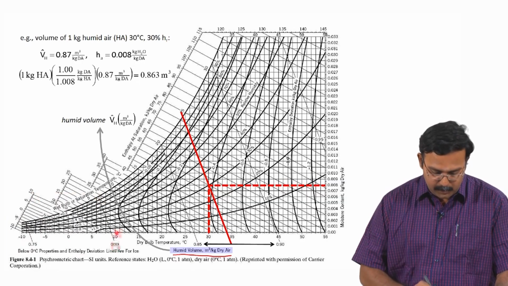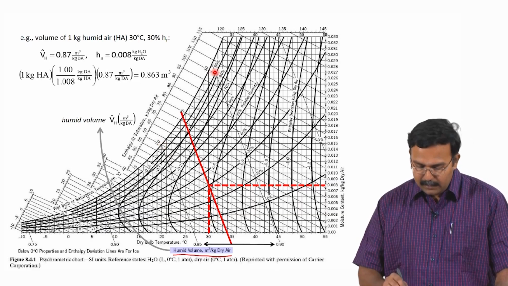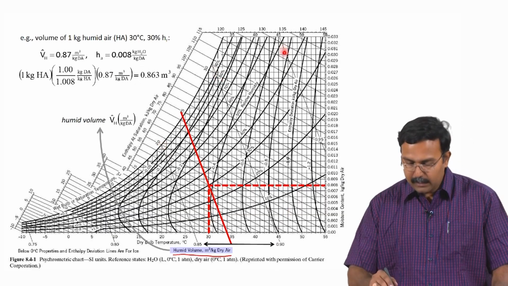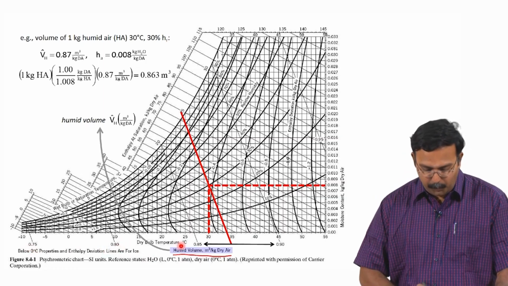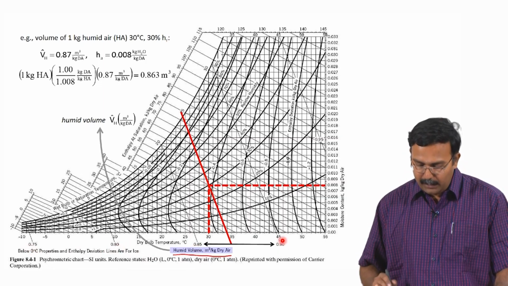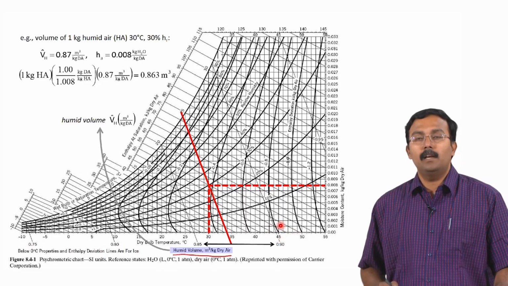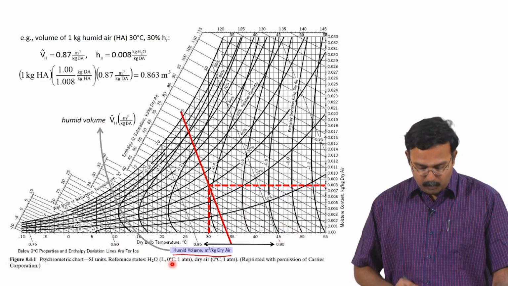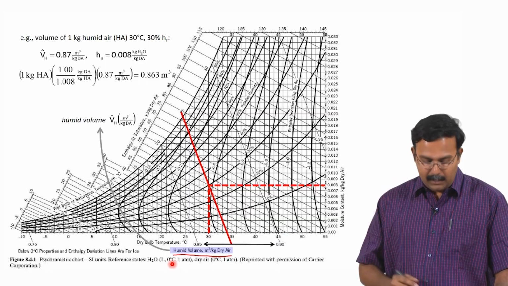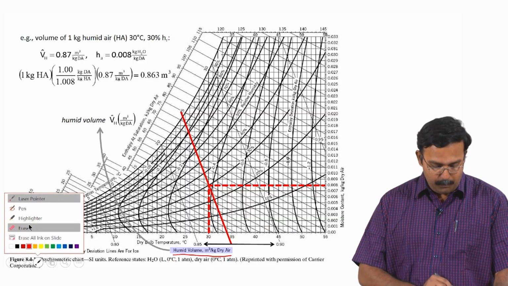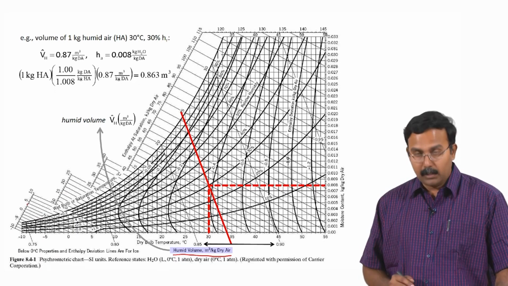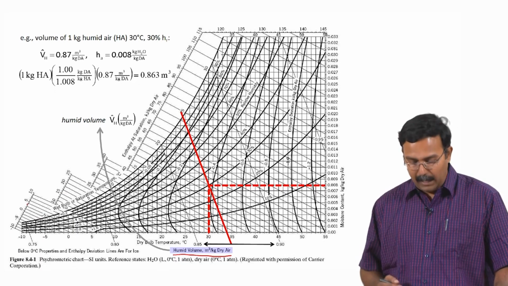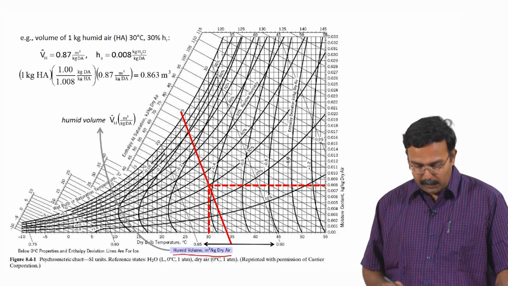These are slanted lines, and the values you see here, which are 0.75, 0.8, 0.85 and 0.9, correspond to the humid volume. So, for a given condition, relative humidity, we would be able to calculate the humid volume, which would give us the volume of the air we are looking at.